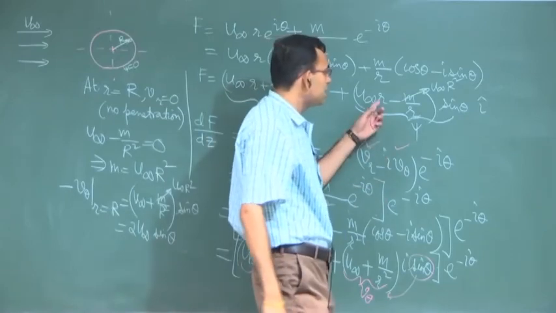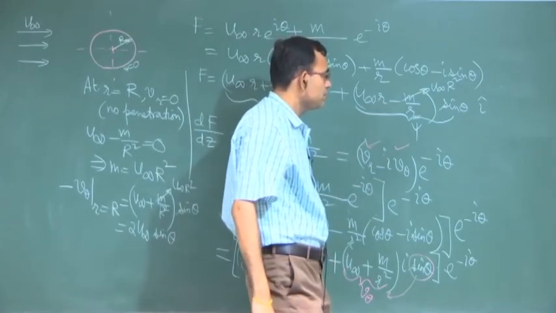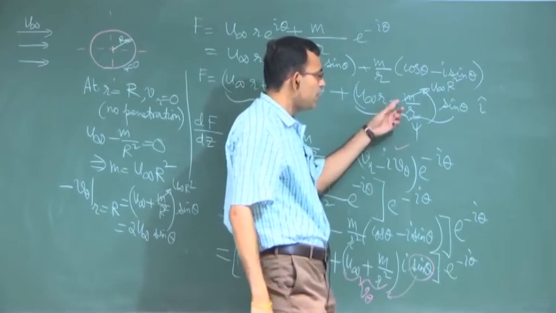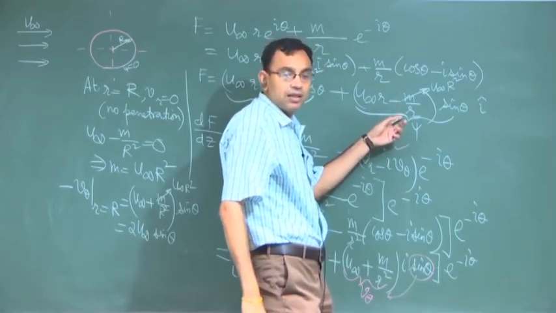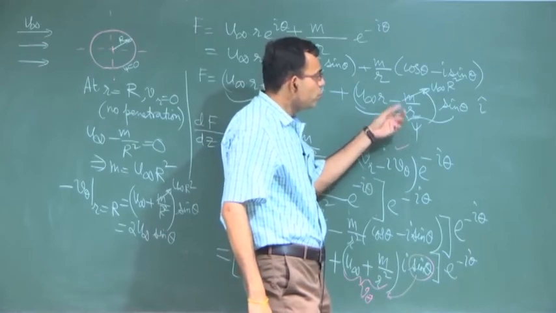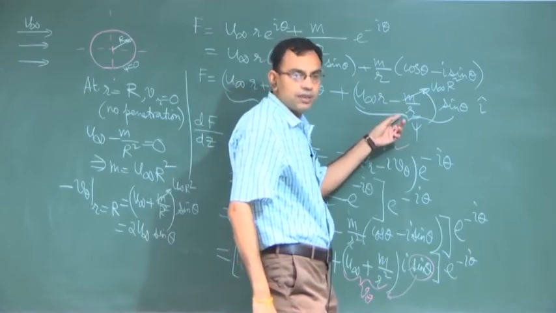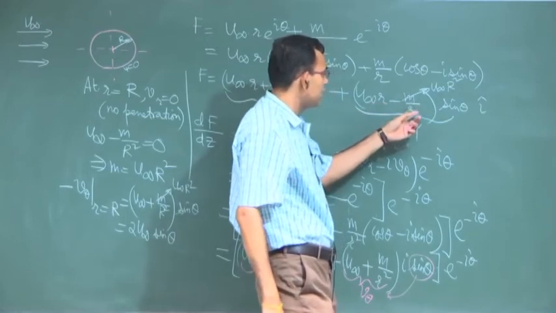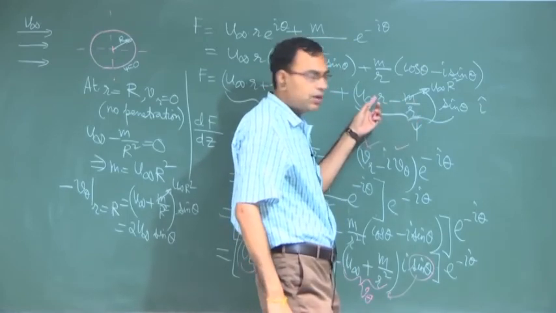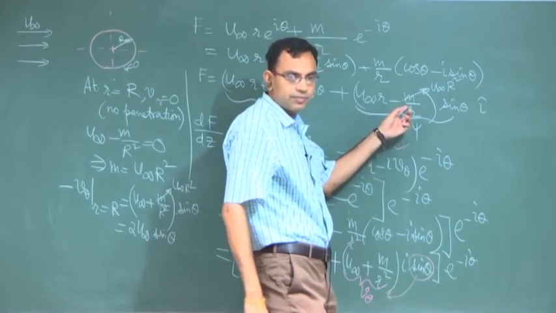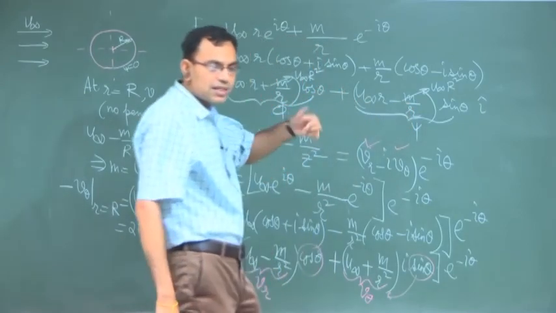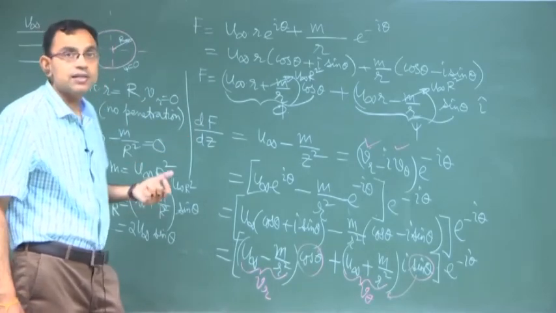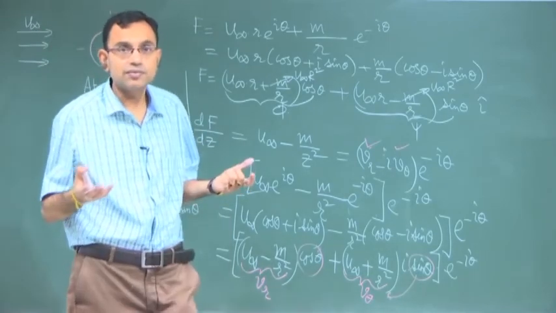When small r is greater than capital R and when small r is less than capital R, you will get two different cases: in one case this term will be greater than this term, in the other case this term will be greater than that term. Out of these, which case will be interesting?